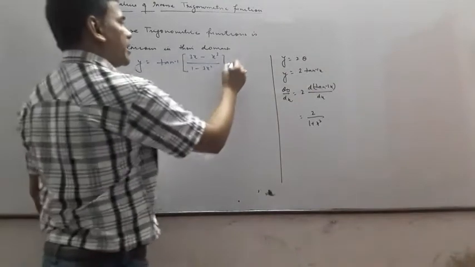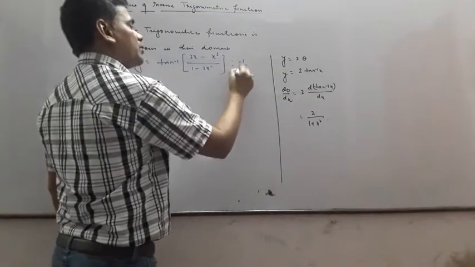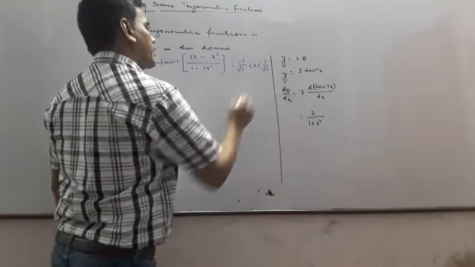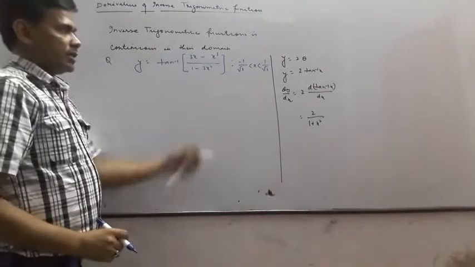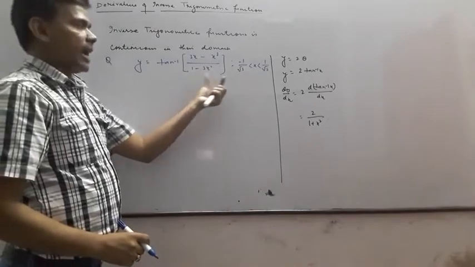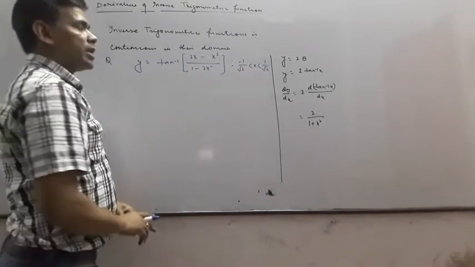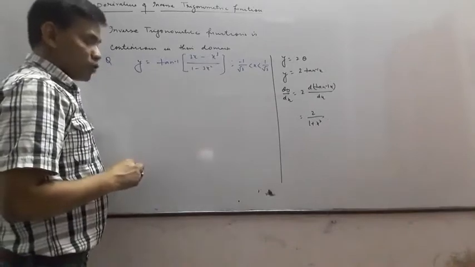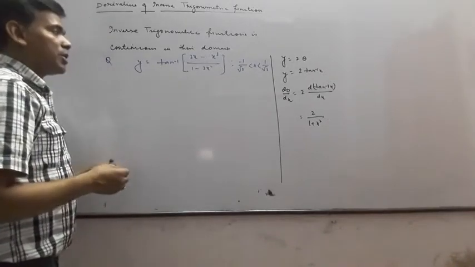One restriction is given here: minus 1 by root 3 less than x less than 1 by root 3 is the domain of this function. That means we cannot exceed this limit. We cannot cross this domain. So now you will have to differentiate it.